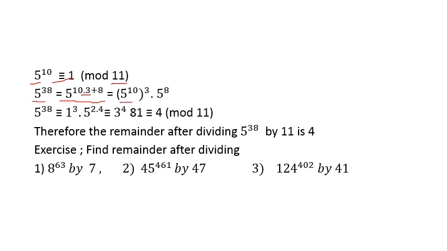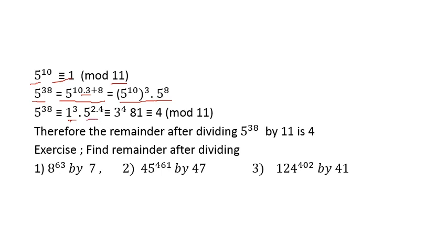So it is 5 power 10 whole power 3 into 5 power 8. That is laws of indices. 5 power 10 is congruent to 1. Therefore, I will replace 5 power 10 by 1. Then remaining is 5 power 8.